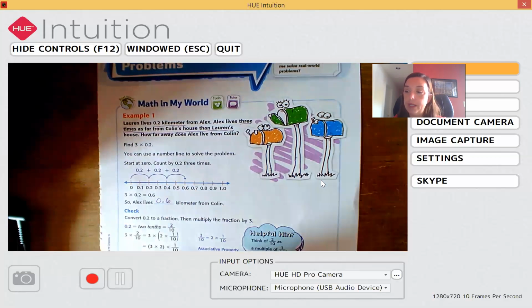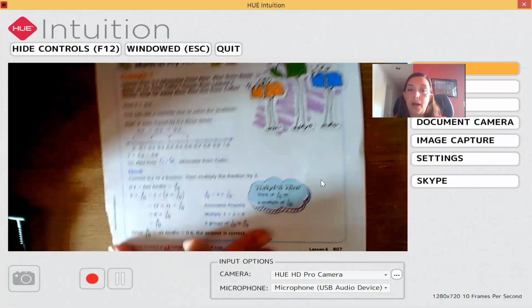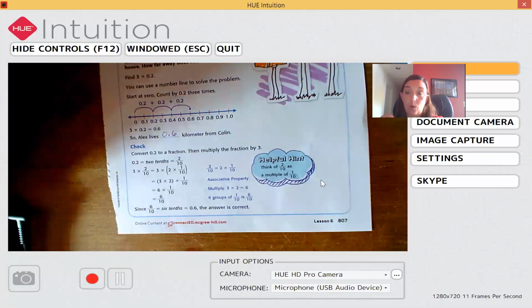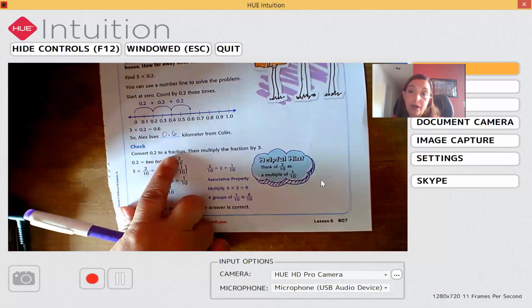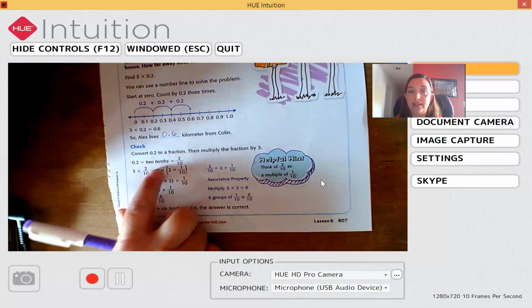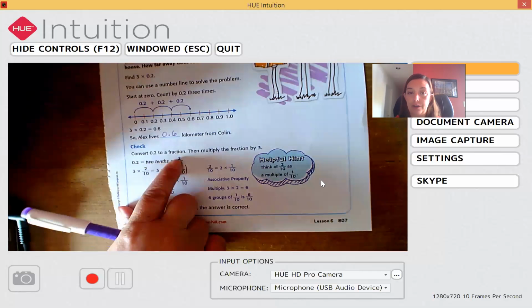Okay, now we can check that by using a second way. And so another way that we can do it is we can convert 2/10 from a decimal into a fraction, because we already know how to multiply by a fraction. So 2/10 as a decimal is equal to 2/10 as a fraction, right?